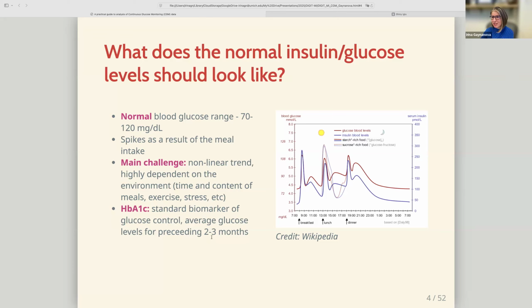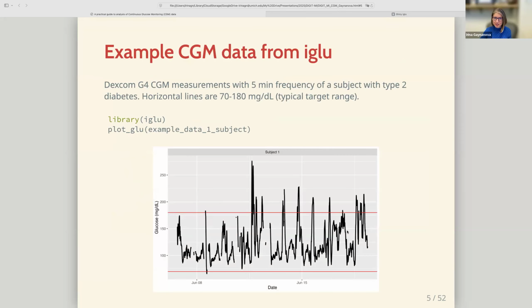And clearly, just one number representing the average is not going to capture this complex relationship that we see. And when there is any kind of dysregulation, whether it's type 1 diabetes or prediabetes, then things get a lot more complicated.